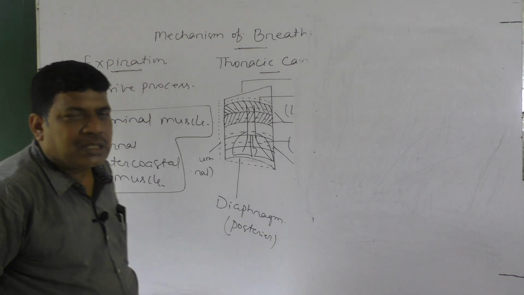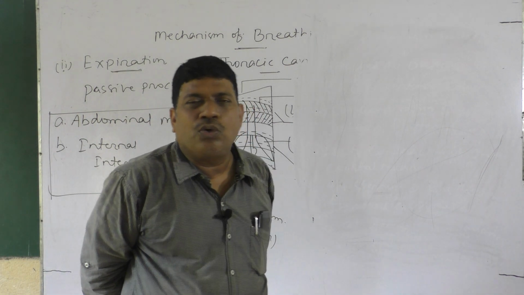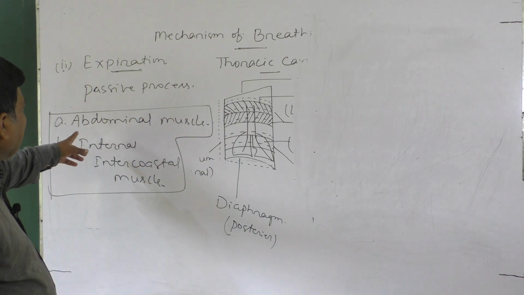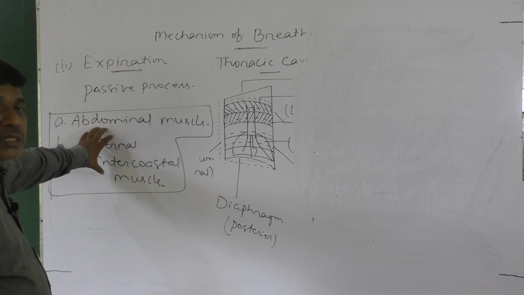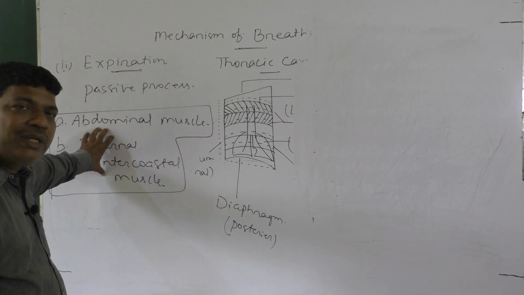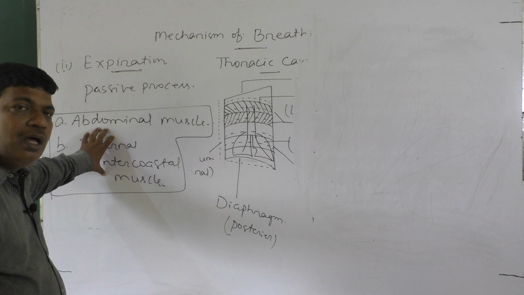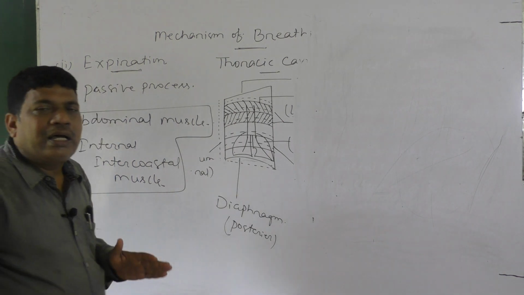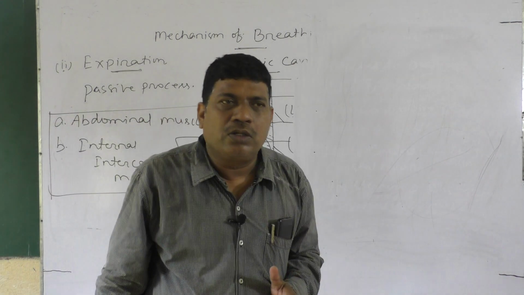The abdominal muscle is attached to the abdomen, and as these two muscles work during forceful expiration. But in a normal expiration it is just the passive process of inspiration.